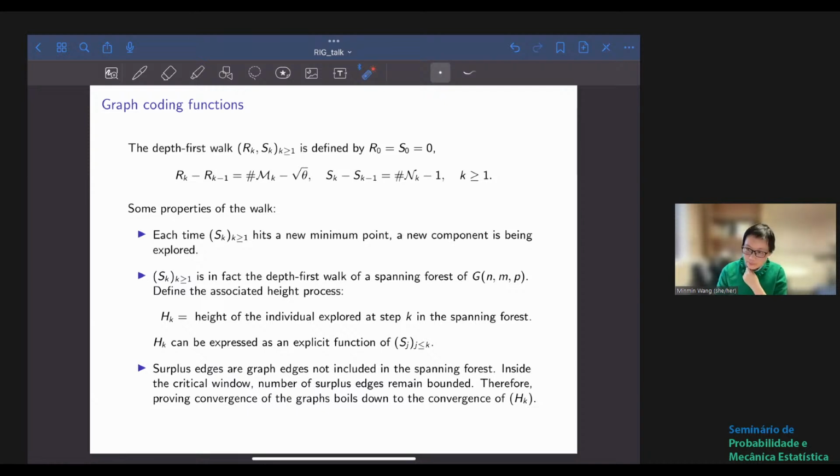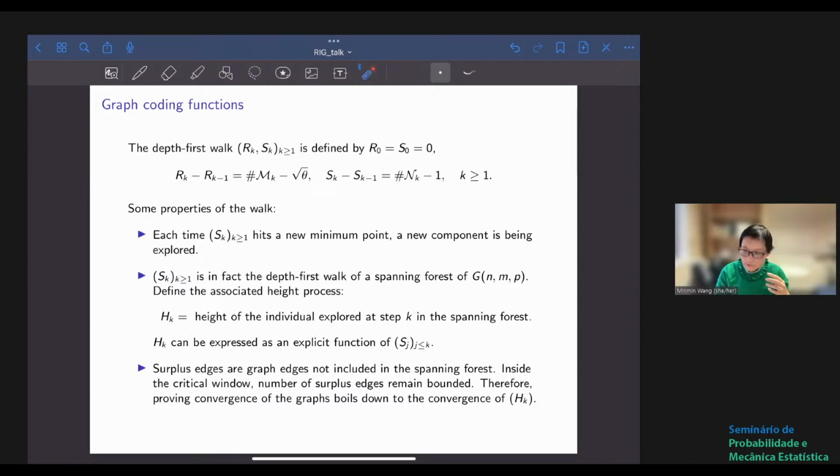If you look a little closer at the exploration, you never explore a vertex that has been seen before, which means that the exploration produces a spanning tree of the connected component of the graph. If you put all the components together, you get a spanning forest of the graph.